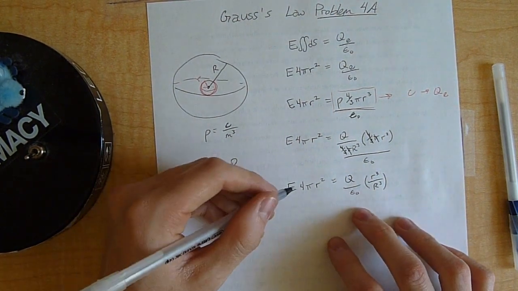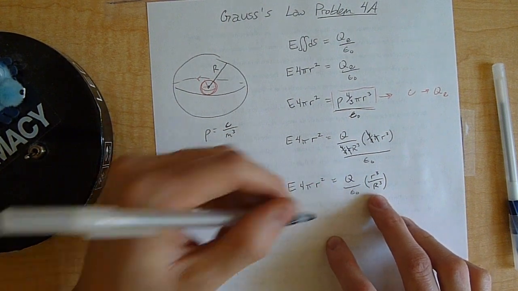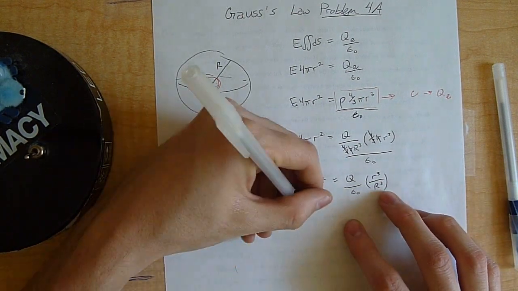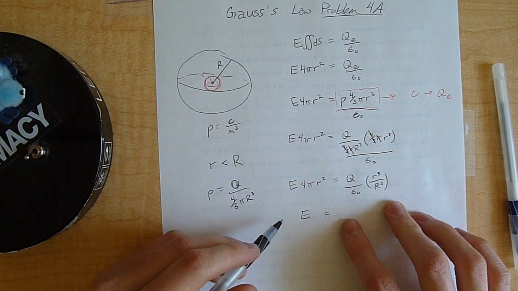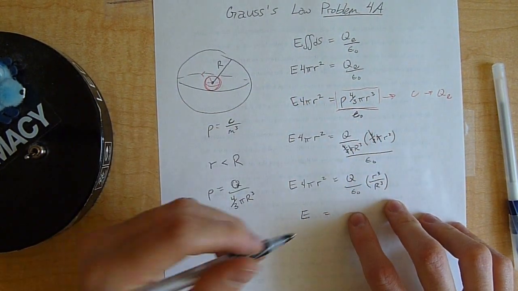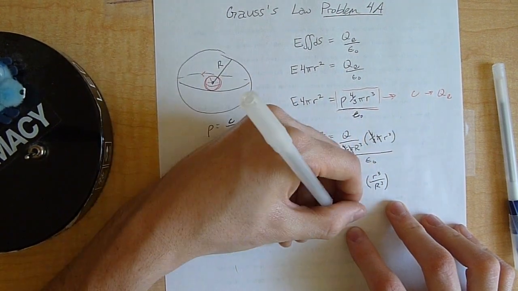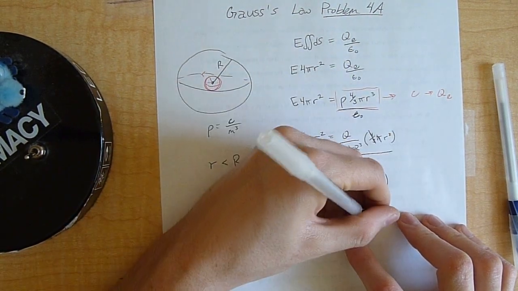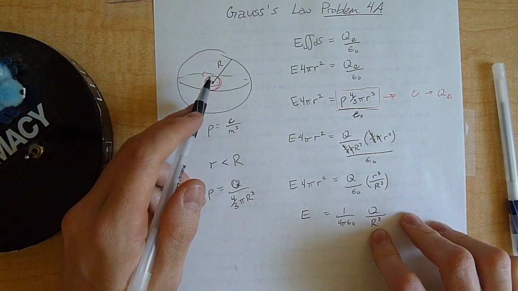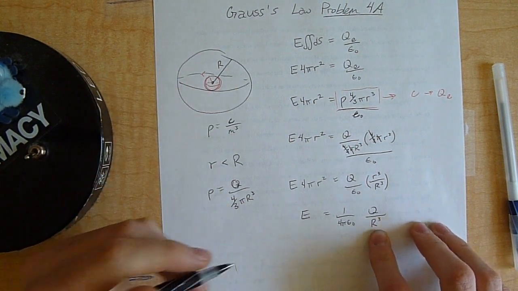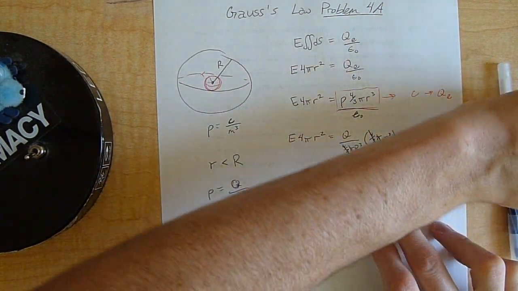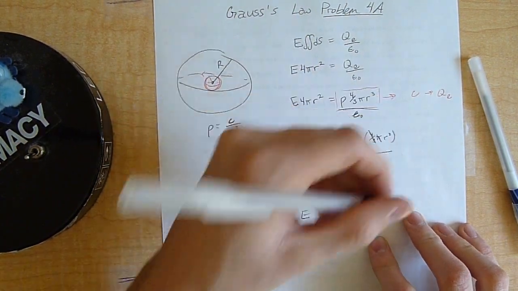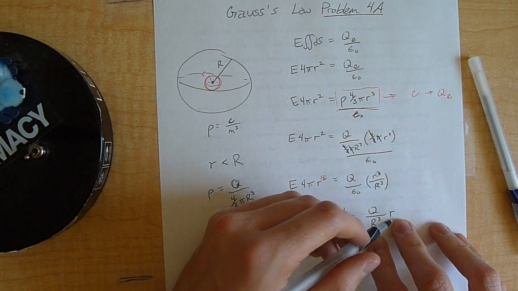So now that we found some quantity that's equal to the electric field and the surface area of our Gaussian surface, we can go ahead and solve for the electric field within our enclosed surface that this whole right hand side gives us. So we have 1 over 4 pi epsilon naught, Q over big R cubed, the volume of our charged object, and here we have a little r squared and a little r cubed, so we'll just be left with little r to the first power on our right hand side.